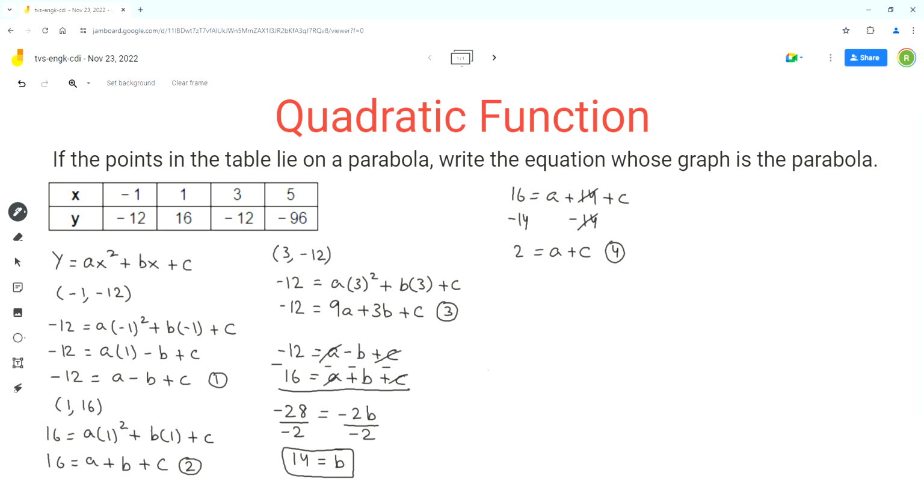Now we can sub in b as 14 in the third equation. Now we can subtract 42 from both sides to combine the like terms, negative 12 and 42.